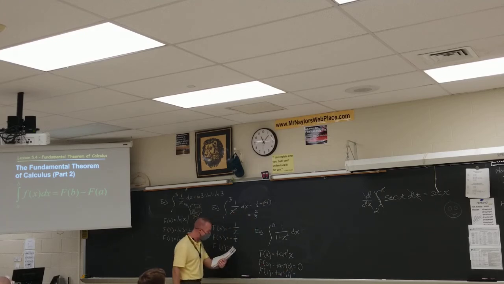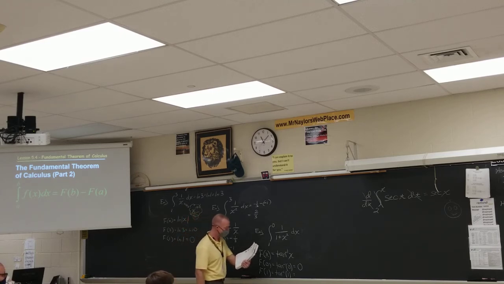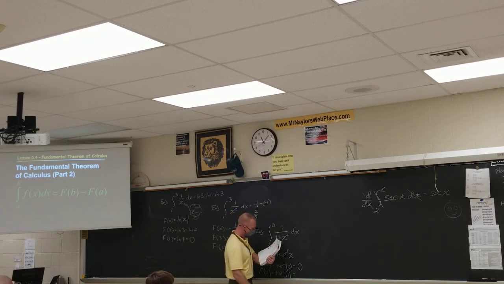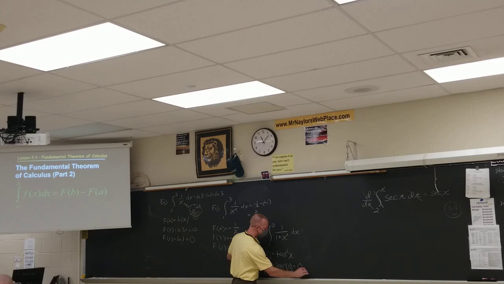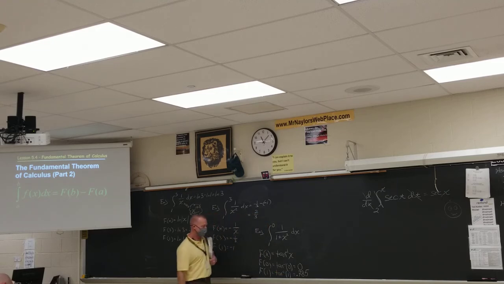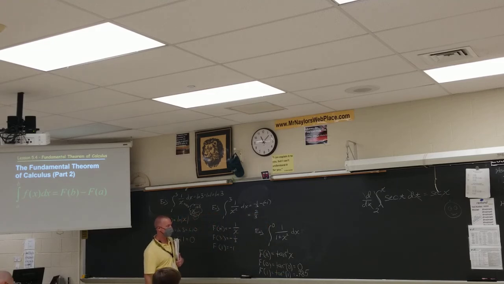If you plug in 1, you don't get something I would expect you to know without a calculator. I had to take a peek, but it does come out to be 0.785 with a couple decimals there. But the main thing here is that you end up with a negative answer.